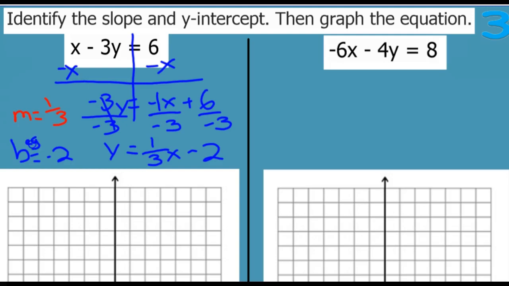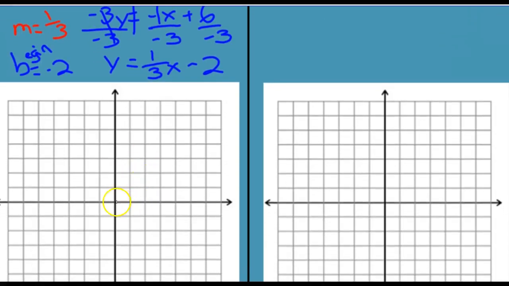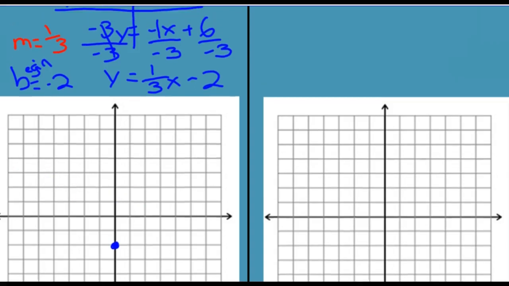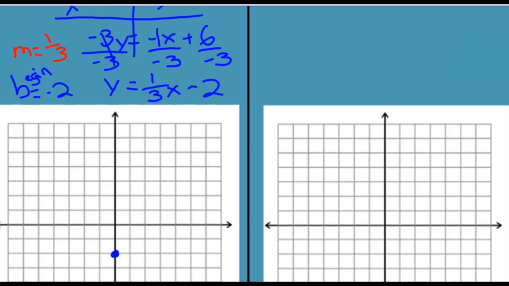Now when we graph, we look to see where our y-intercept is. That is where we begin. So we're going to begin on the y-axis down negative 1, negative 2. That's where we begin. The m, remember, stands for move. That's how we move. So we are going to go up 1 because that's our rise, and to the right 3 because that's our run.